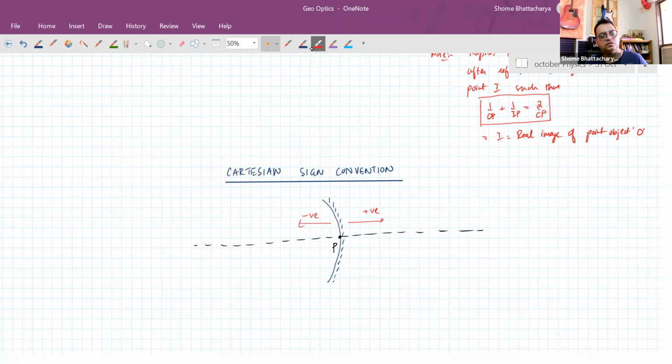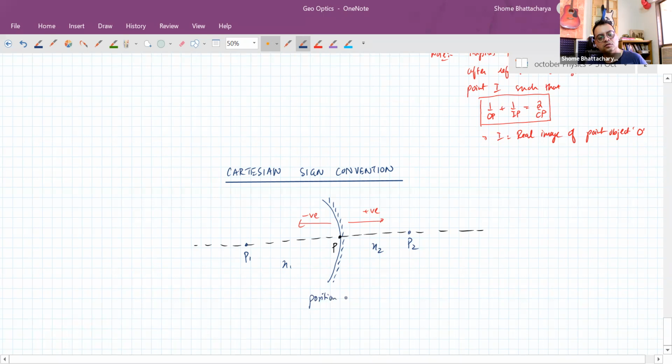So for example, if we have a point P1 over here where this distance is x1, and a point P2 over here where this distance is x2 with respect to the pole. So in Cartesian sign convention, the position of the point P1 will be written as minus x1, and the position of any point P2 on this side will be written as plus x2, like this.